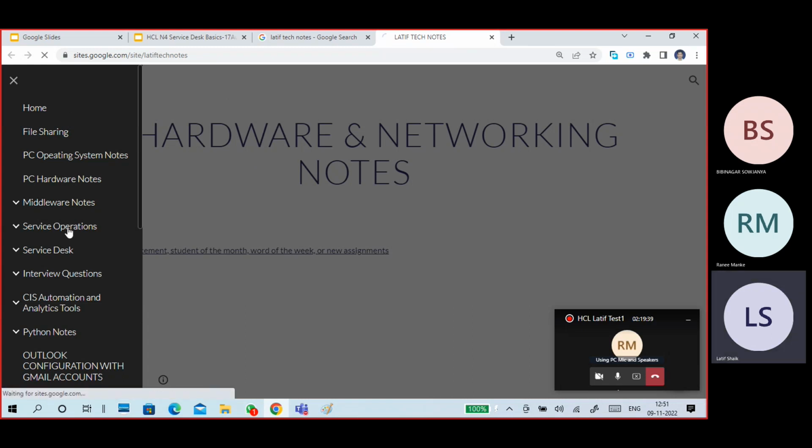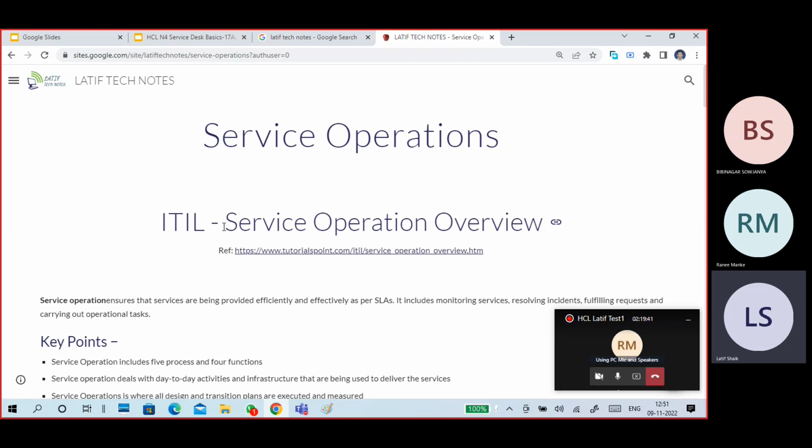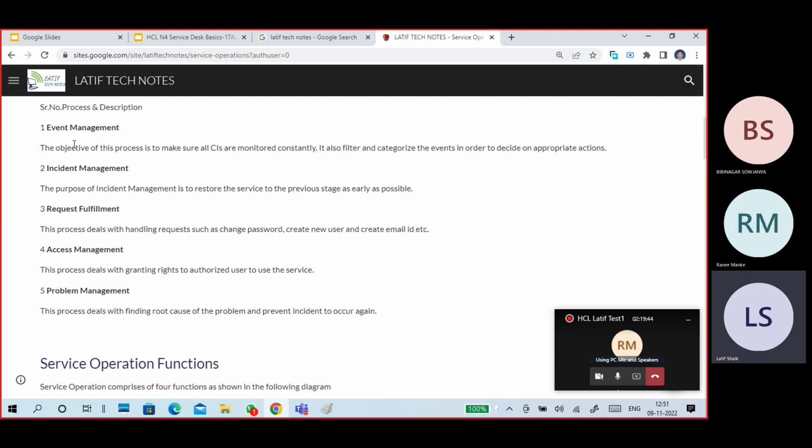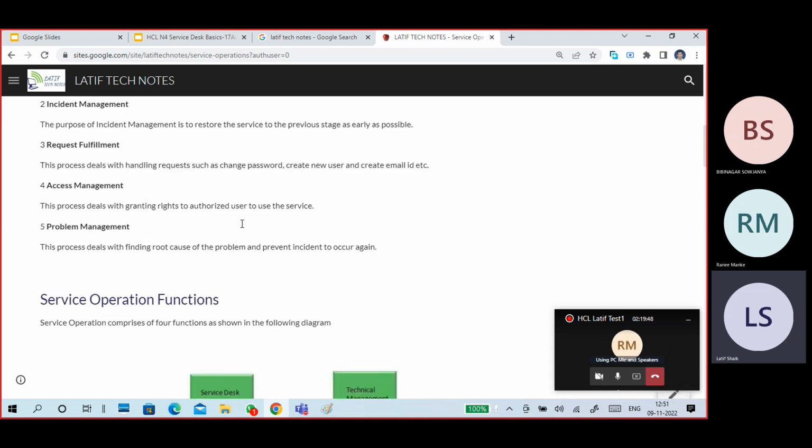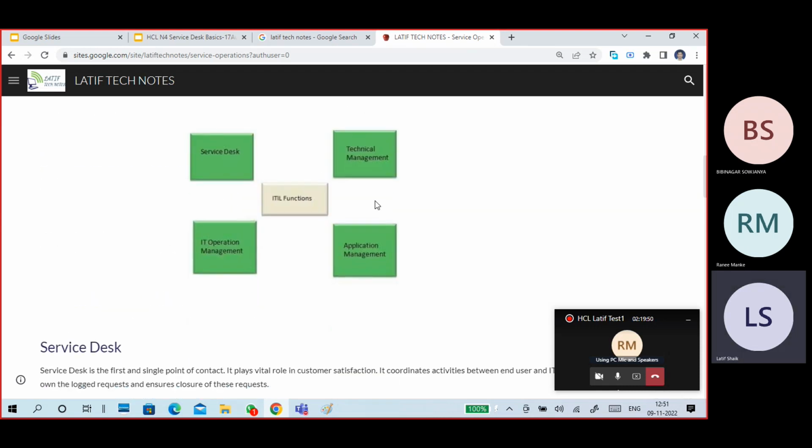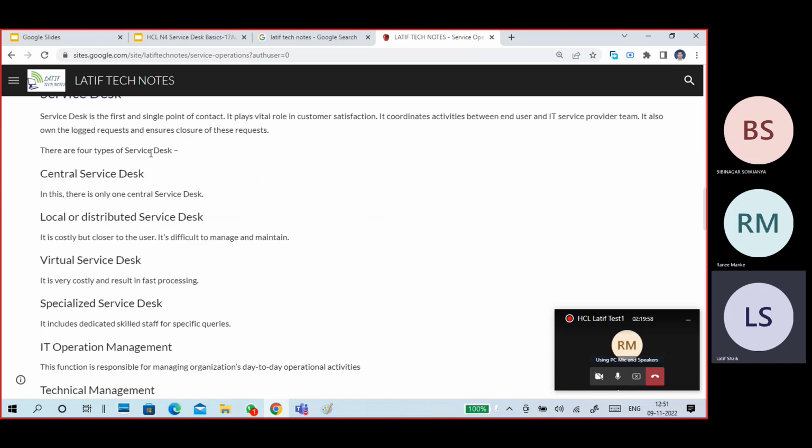Here, in the service operations, we cover what is event, incident, request, access management, and volume management. Then technical management, ITIL functions, service desk, IT operation, application management. What is a service desk?